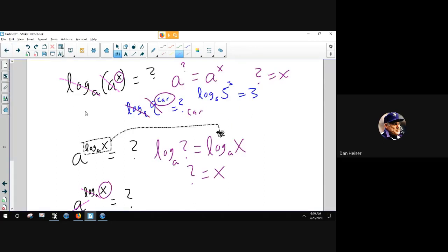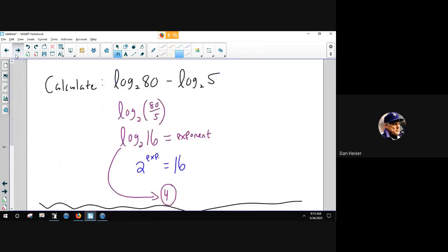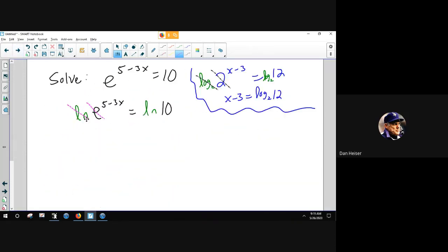If we go back to this one, log base something cancels that same something base. Well, natural log is log base e, which cancels base e. So now we're left with 5 minus 3x equals ln of 10. Those of you reaching for your calculator, put it down. Put your calculator down. You don't need it.